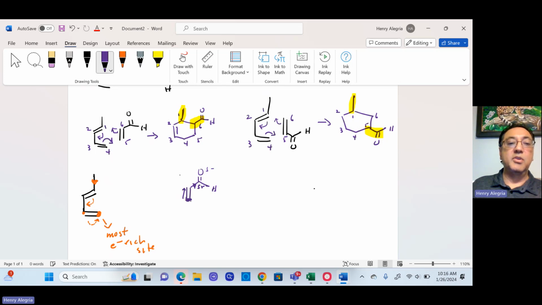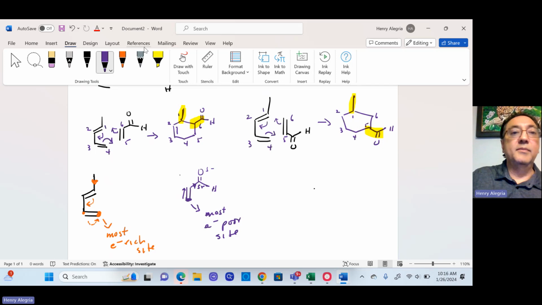Ultimately, this is the carbon that has nowhere to pull from. So this carbon is going to be the most electron-poor site in this case. That's it. So then let's go back. I'll take off the highlight here so that I can highlight what I need to highlight.